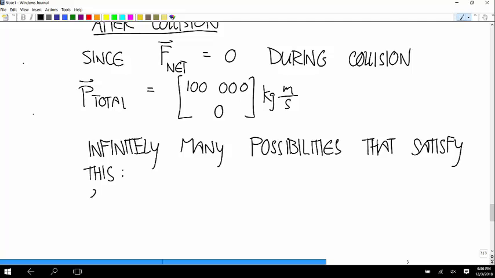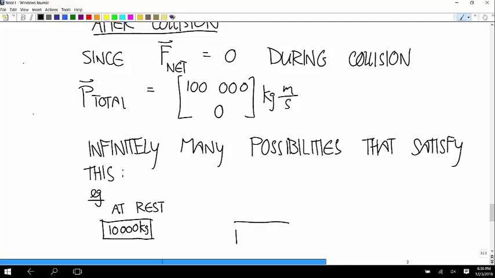So for example, after the collision, we could have a 10,000 kilogram cart going, well, at rest.